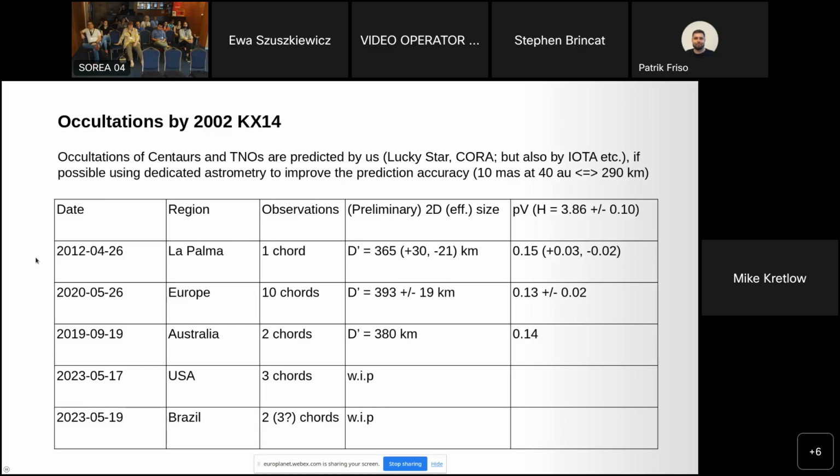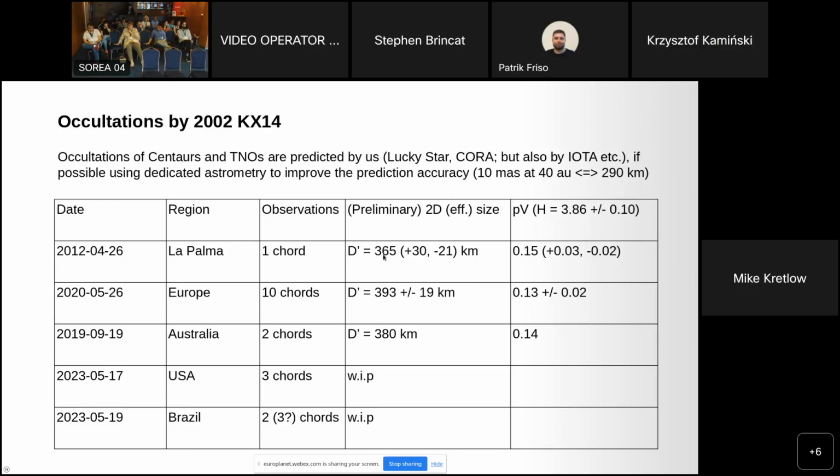We have all in all 5 occultations observed in the past about 10 years. In 2012, it was only one chord, so you cannot fit an ellipse to that. You can just make an assumption about a circular minimum diameter, and this apparent diameter is about 365 kilometers.